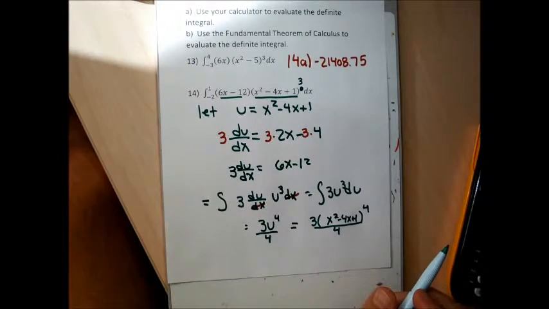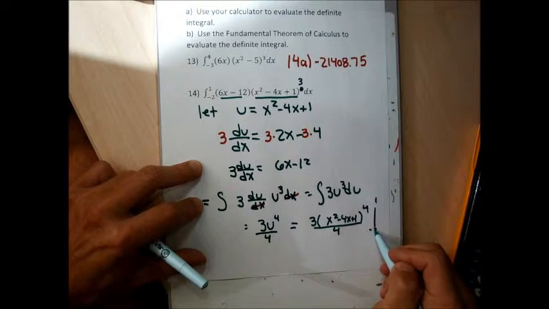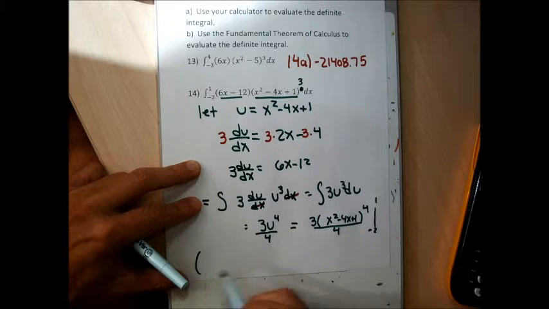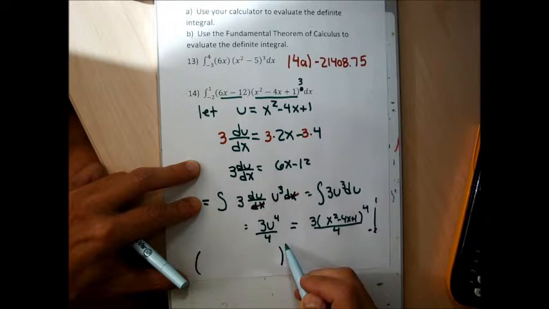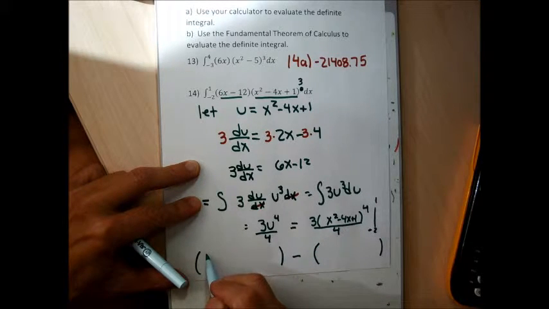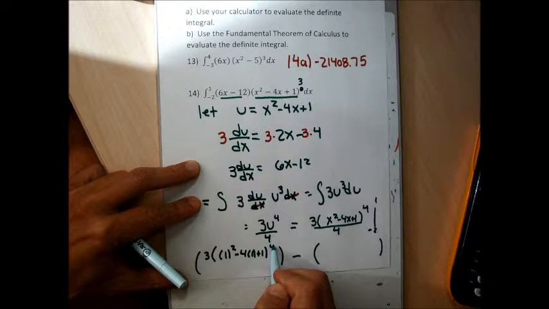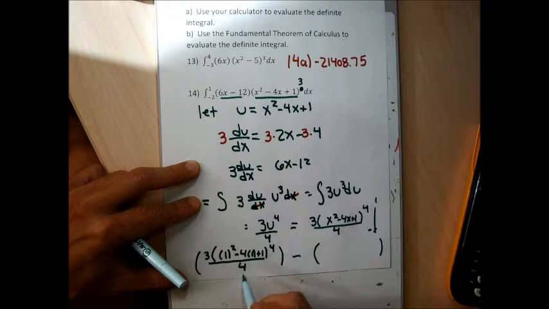So I'm going to have to pull out my calculator and plug in positive 1 and negative 2 for x. So I'm going to have to do two computations separated by a minus sign. The first computation is going to be 3 times the quantity 1 squared minus 4 times 1 plus 1 to the 4th over 4.